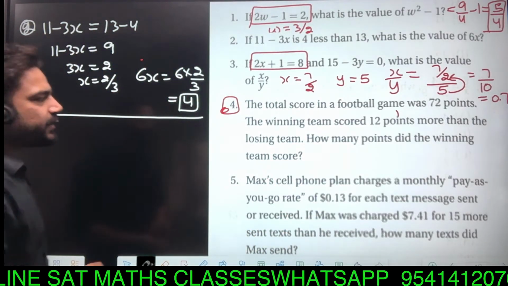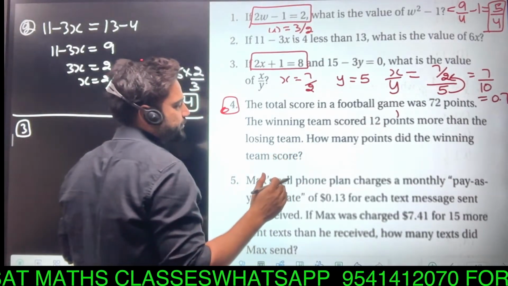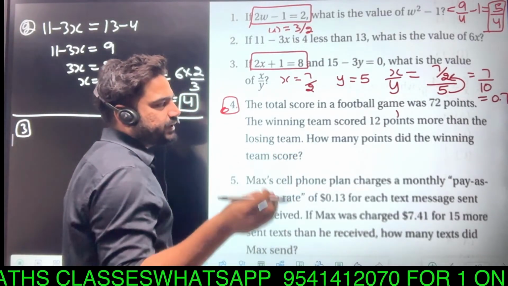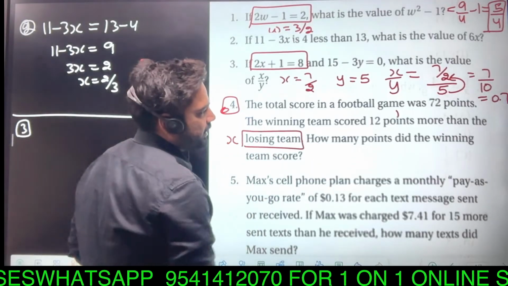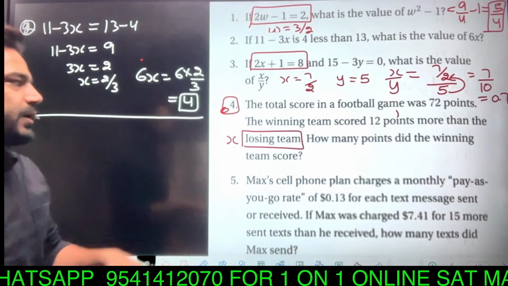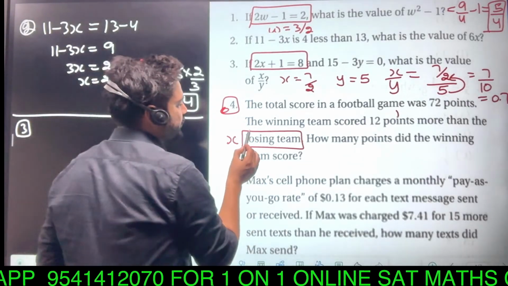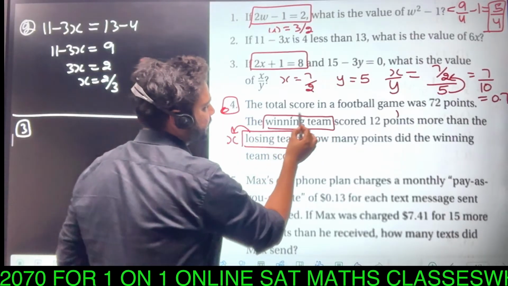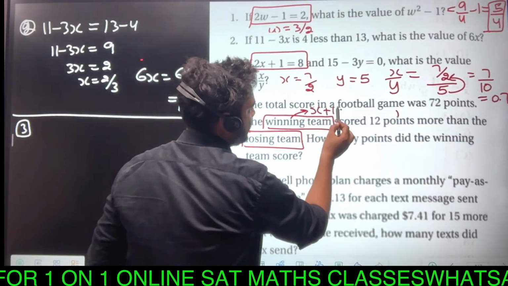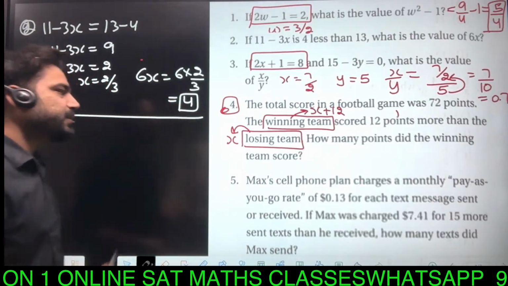Now you can clearly see that in this question one team is the winning team, one is the losing team. Suppose the losing team secures x marks, then the winning team is securing 12 points more. It means if the losing team is securing x marks, then the winning team is securing x plus 12.